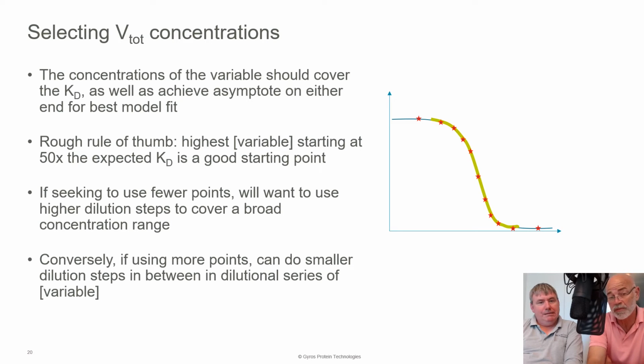The Gyrolab system is flexible and it will let you use any number of points. I would say typically 8 would be on the low side, and 12 is something that I've typically used that works out well on the CD. You do 1.5 segments for 12 points or 16 points. If you're using a higher number of points, you can do smaller dilution steps, or if you're using fewer points, then you'll have to do larger dilution steps in order to cover that broader range of the curve.